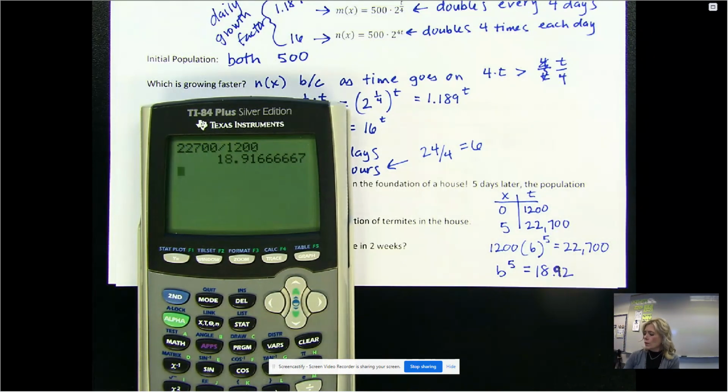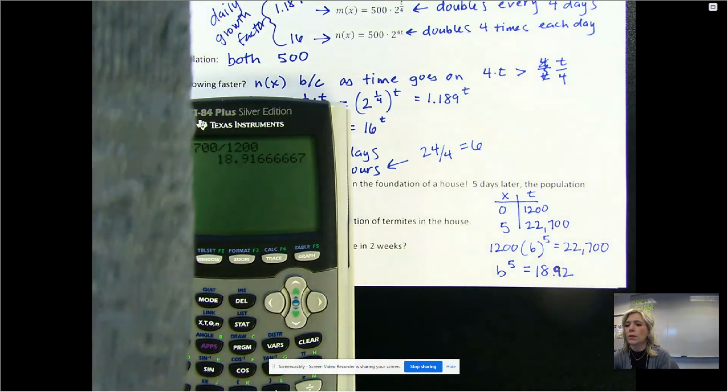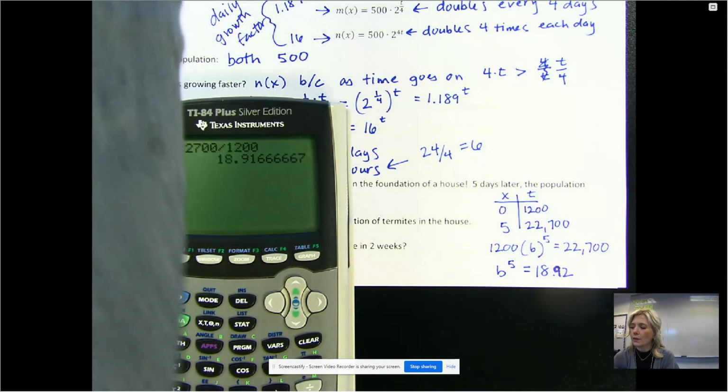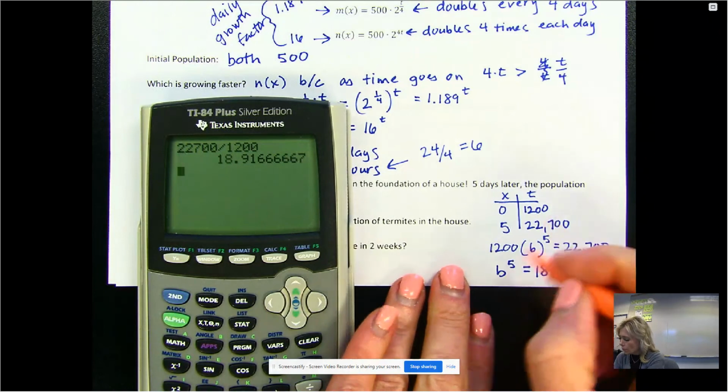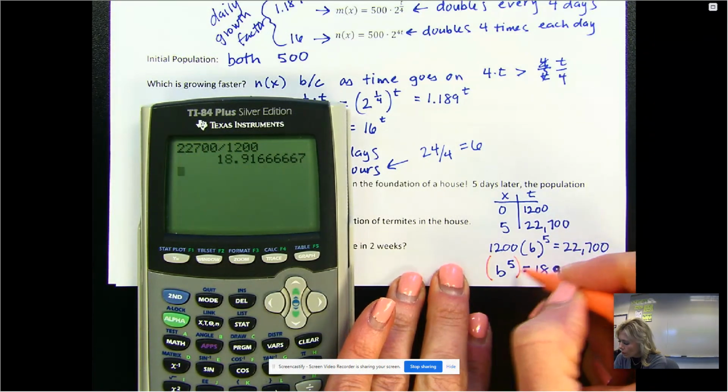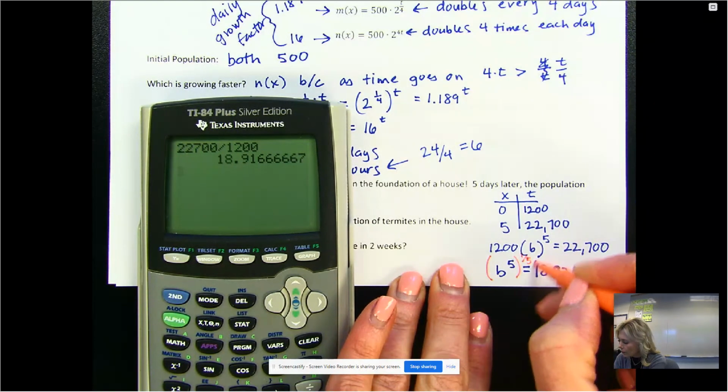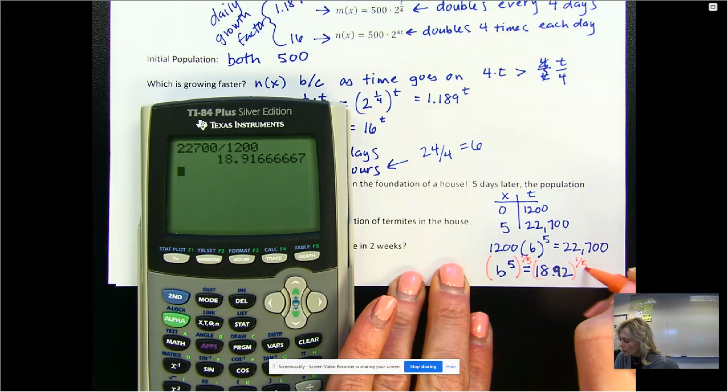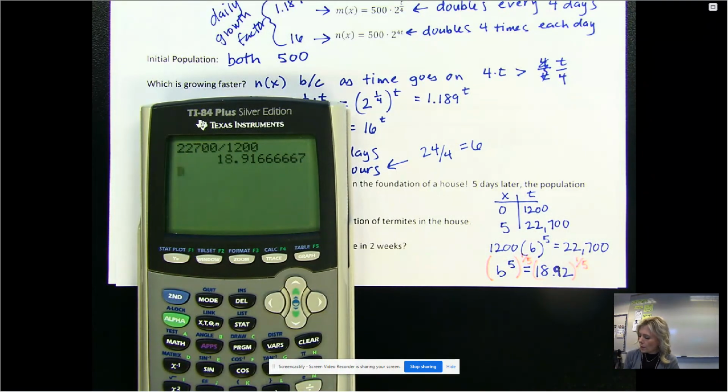Okay, so I know the initial amount. I don't know the value of b. I don't know what the growth rate or the growth factor is, but I can figure it out now by raising both sides of the equation to the 1/5. Since this is b to the fifth, I can raise both sides of the equation to the 1/5. And that tells me 18.92 to the 1/5 is about 1.8.